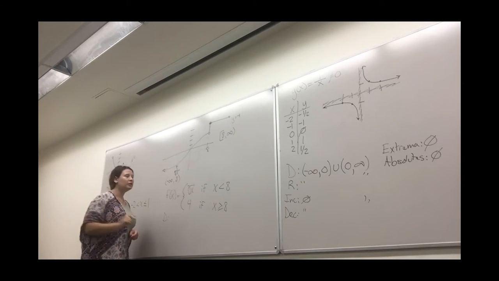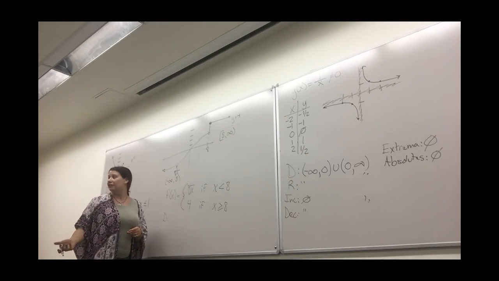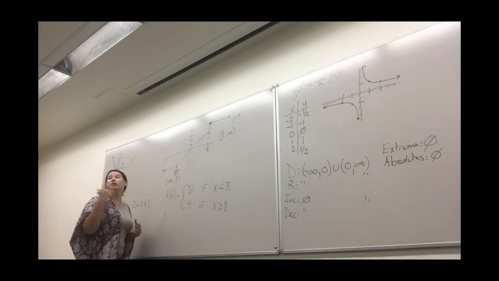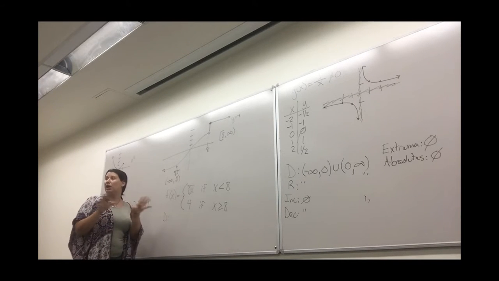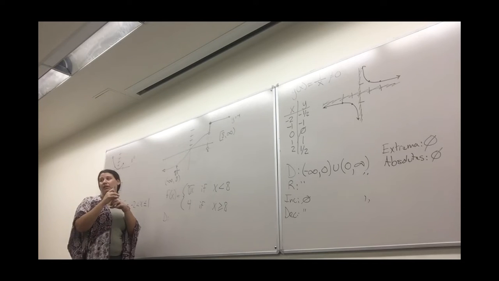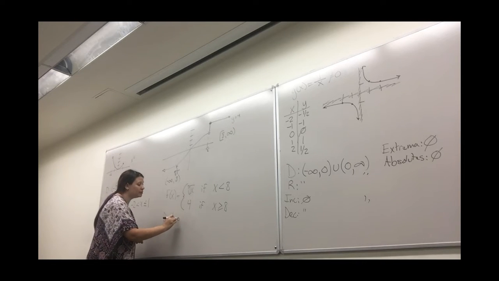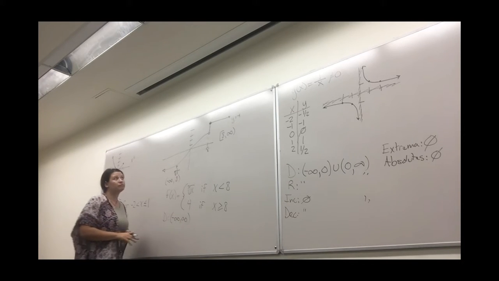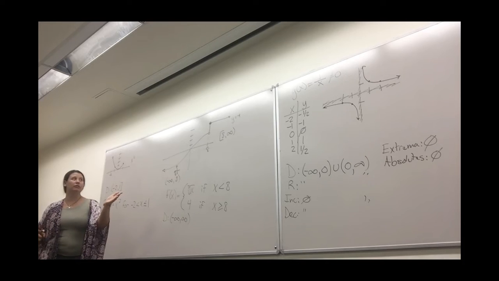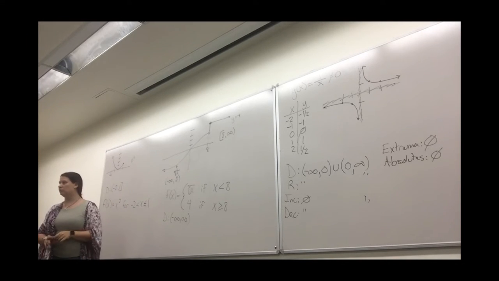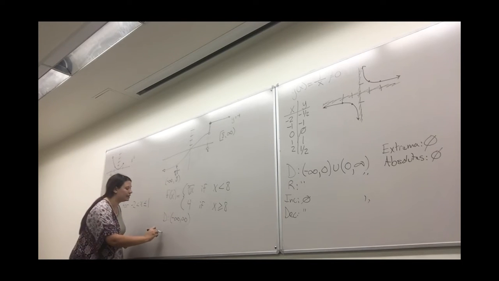Okay, that's important. Otherwise, it's not a function, right? And the fact that one of them is filled means that there's no break. If they were both open, then we'd have a break at 8, right? Because 8's not included anywhere. But because one of them is filled, we can plug any number in and get somewhere on one of the lines. What about the range?